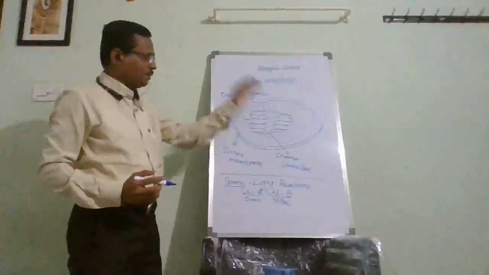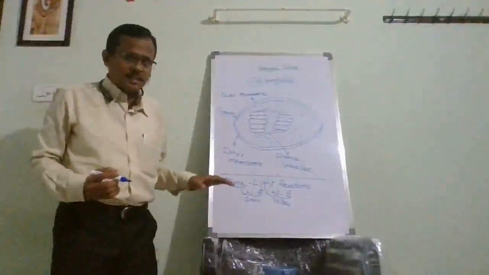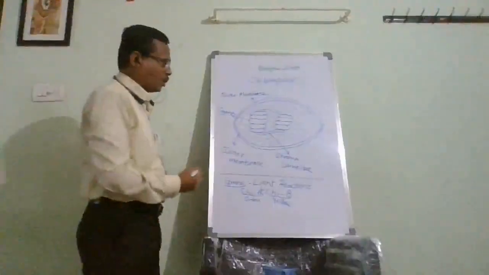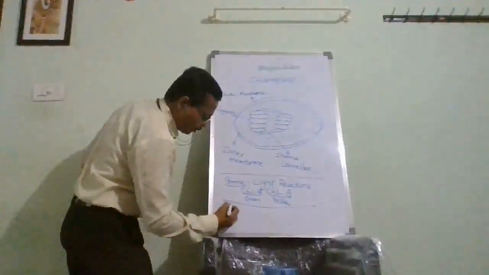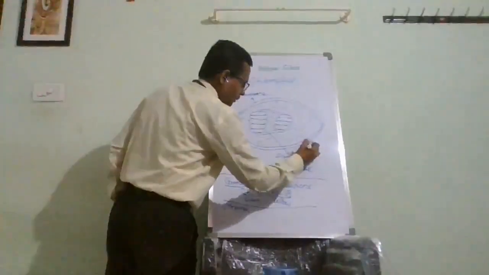And coming to the other one, called stroma. Stroma is a viscous substance that contains several electron acceptors. This is stroma.